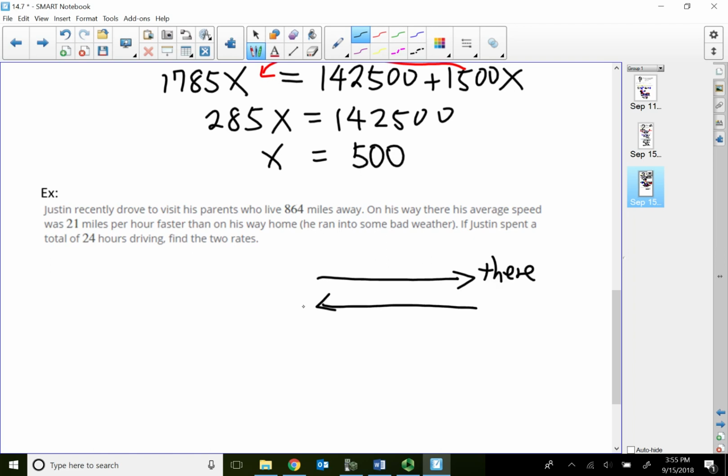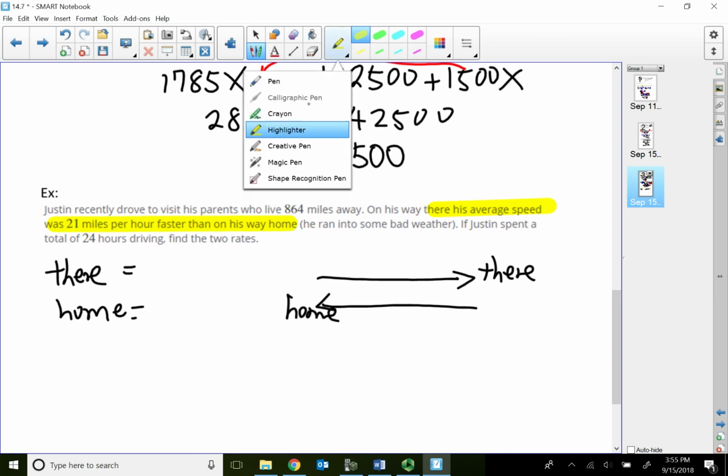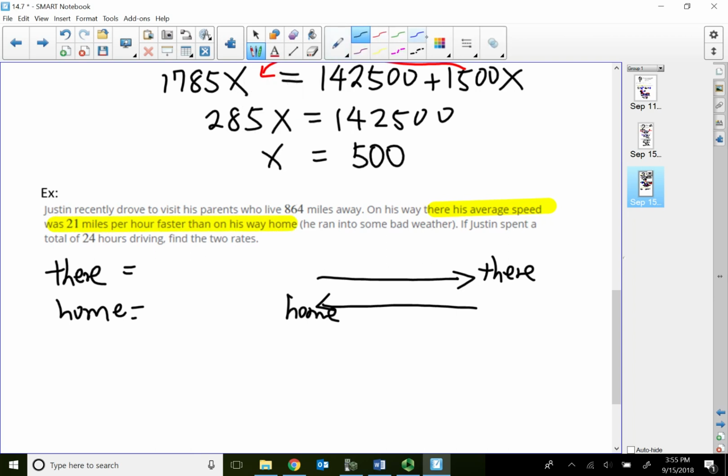So there is going to the parents' house and coming home. Faster than, so I have to translate their speed again. On the way there, the speed is 21 miles faster than on the way home. So on the way home is x. On the way there, 21 faster than means plus x. So I just translated their speed.